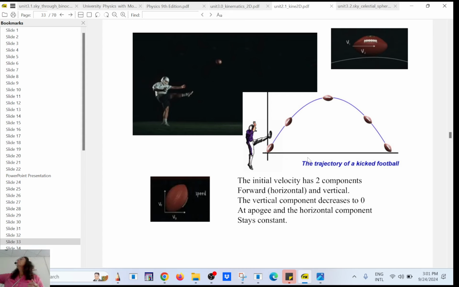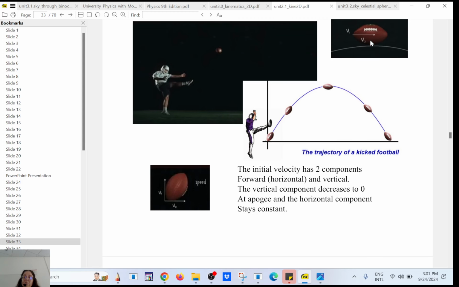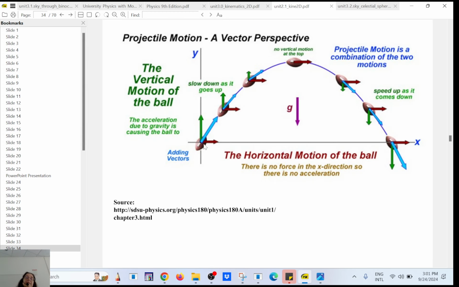You have forward at a constant velocity, and then you have free fall with an initial velocity up. If you throw something up, it's going to slow down, stop, speed up. So you see at the top of the trajectory here, it has no y component, just x component. You can see the two motions happening at the same time. It's moving forward with the same velocity, but it's also going up and down.